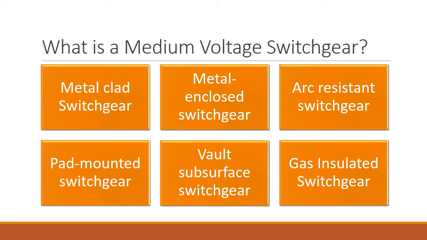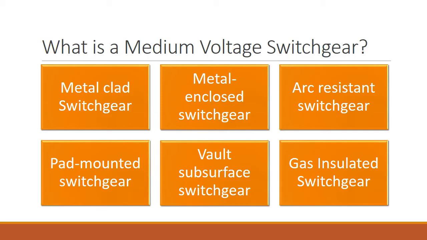So now let us start off with the metal-clad switchgear, which is defined by IEEE C37.20.2. Now, this is a medium voltage electrical switchgear in which all electrical components, including the incoming bus, outgoing bus, instrumentation, and main circuit breaker or switch, are enclosed in separate metal compartments for added safety, ruggedness, and ease of maintenance.